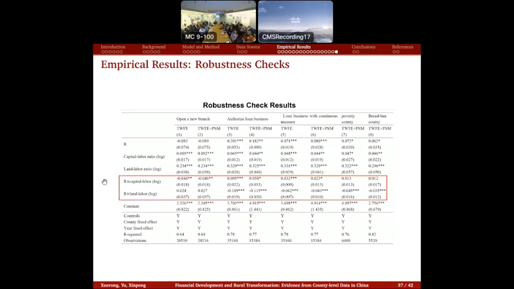And for columns 5 and 6, after we solve the multi-collinearity problem, the results are still robust. And last, for the poverty county and bank county, they have similar interpretations as we expected before.